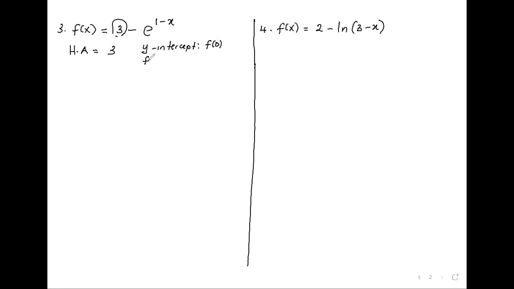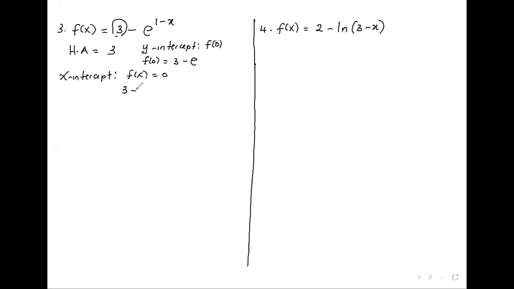Okay, so f of 0 is equal to 3 minus e to the power 1. Then the x-intercept, we equate f of x to 0.